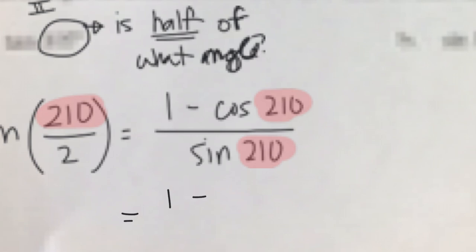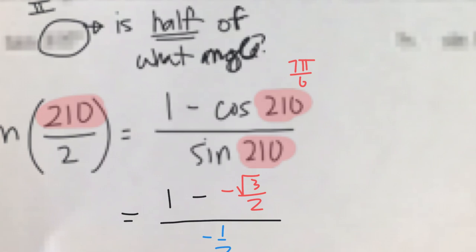Oh man, this is in the third quadrant. 210 degrees is also known as 7 pi over 6, I believe, if you are a radian person. Anyway, the cosine at 210 degrees is negative root 3 over 2. Okay, that's the cosine at 210 degrees. And the sine at 210 degrees is negative 1/2.